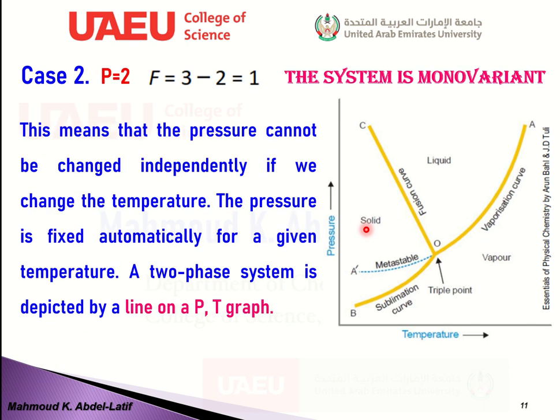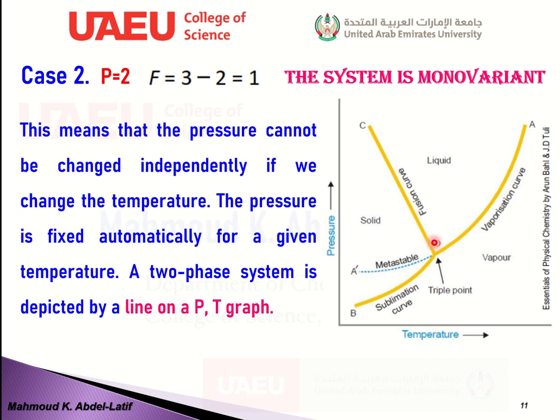Okay, let us discuss case number 2, in which you have two phases in equilibrium with each other. It could be solid and liquid phases, or liquid and vapor phases, or solid and vapor phases. This curve is called the fusion curve or freezing curve.